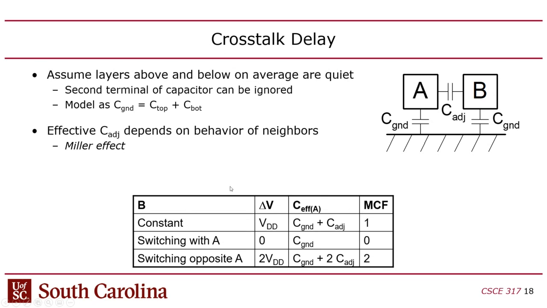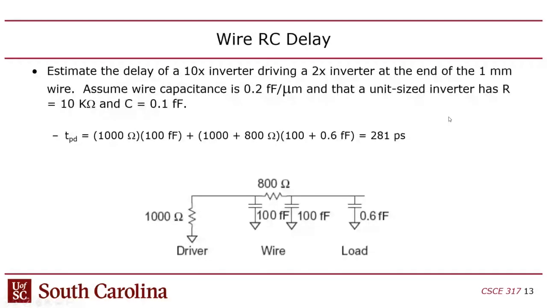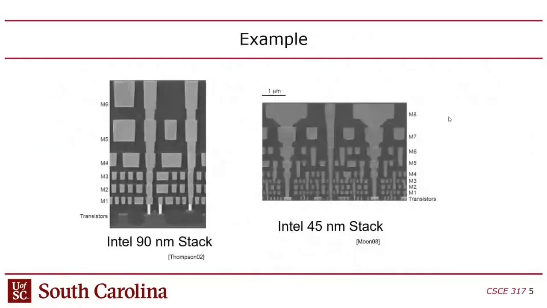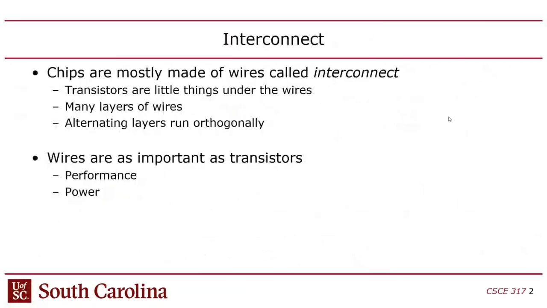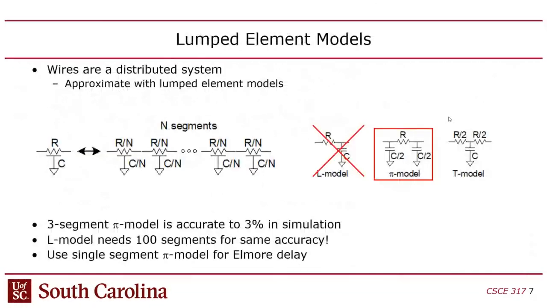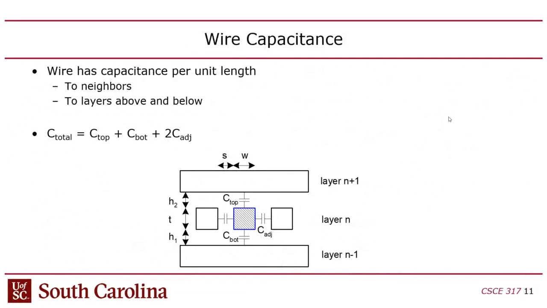So you would have this Miller effect, which is basically where you get additional capacitance in the wire. You not only get the ground capacitance, but you get this adjacent capacitance. If you go back, I had a slide at the beginning that showed this.